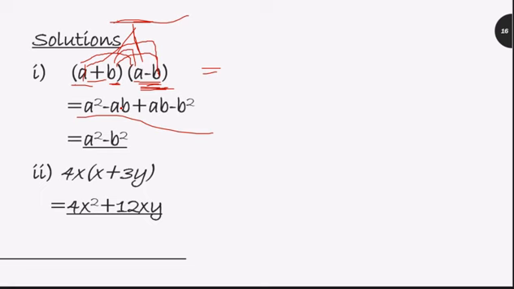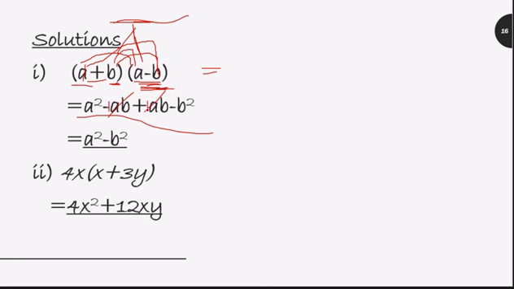If one is negative and the other is positive, and they've got equal coefficients, which are 1 and 1, they cancel. So this and that will cancel, and you have negative b squared. You bring it like that, and this is the expanded form of a squared minus b squared.